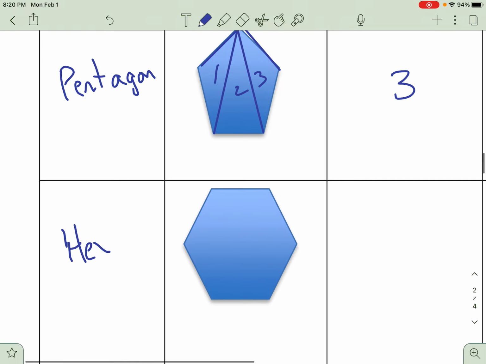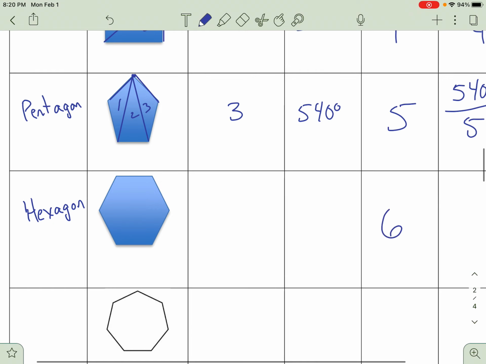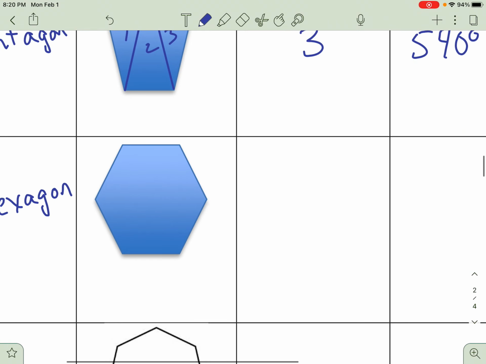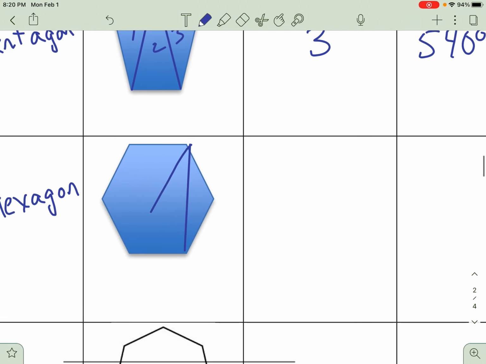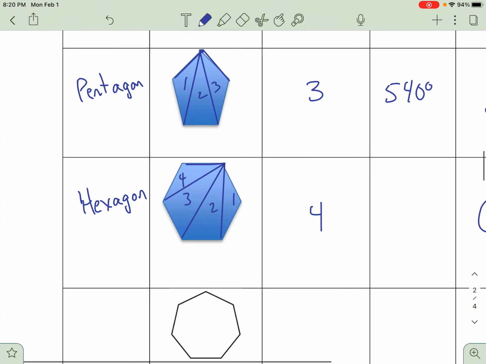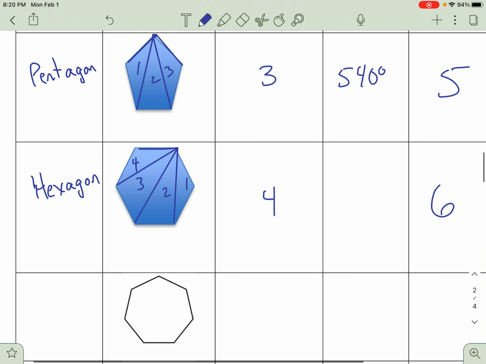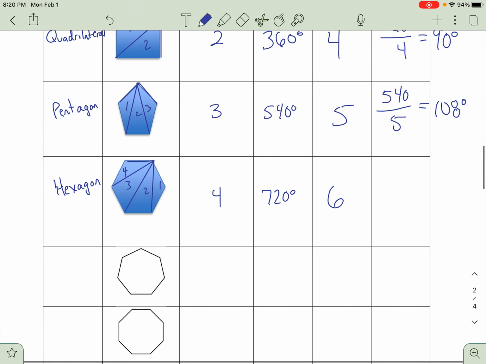So this 6-sided shape is called a hexagon. You can make 1, 2, 3, 4 triangles. 4 times 180, because there's 180 degrees in each triangle, gives you 720 degrees.